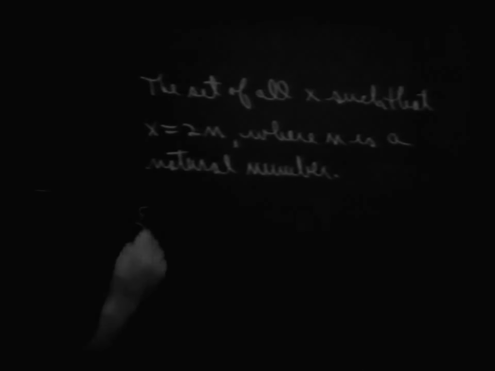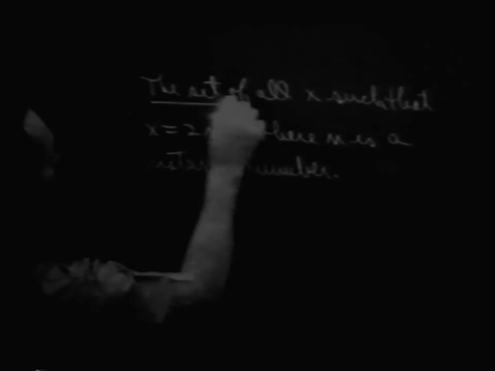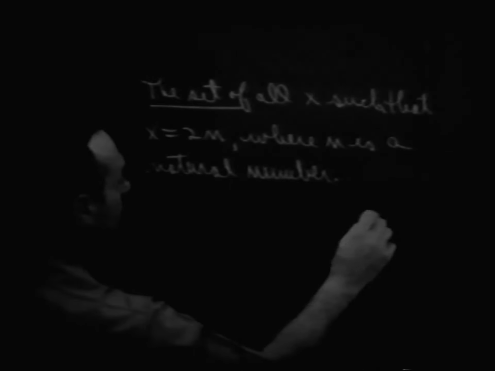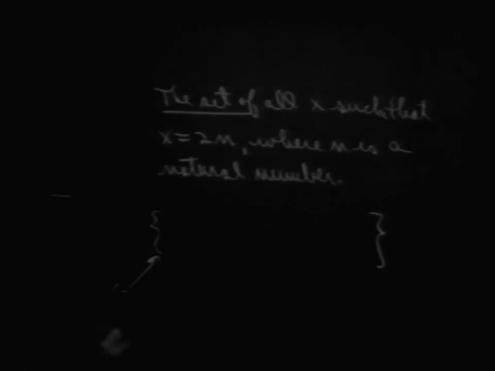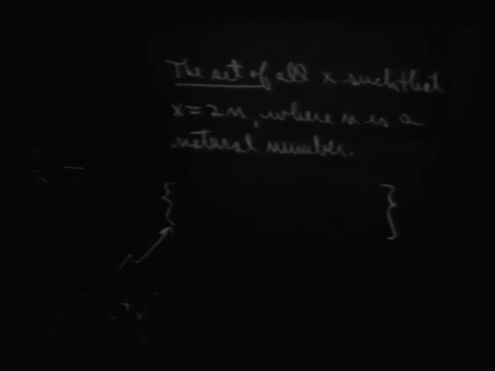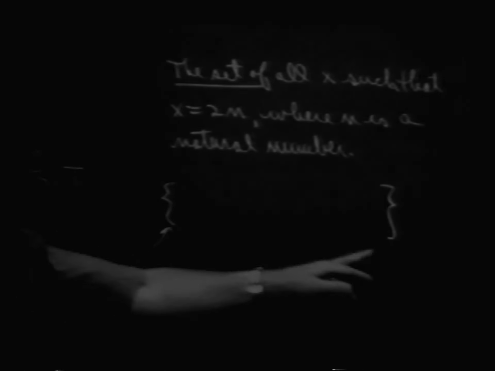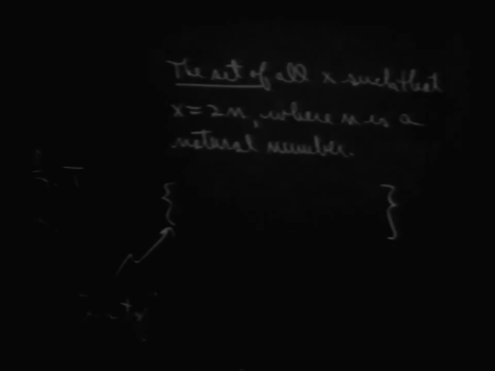Now, what I'd like to do is to write this in somewhat of a shorthand notation with our set notation. Of course, the phrase the set of, you and I have interpreted by those braces. That means the set of. Let me indicate that by rewriting it down here. I'll just indicate it on this brace, but I think you'll all agree that it also applies to that one.